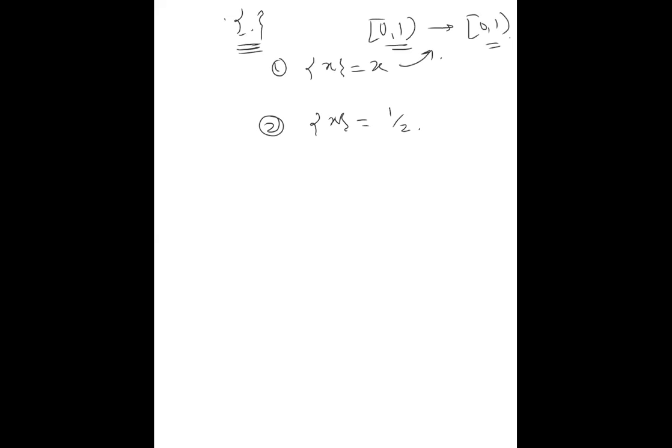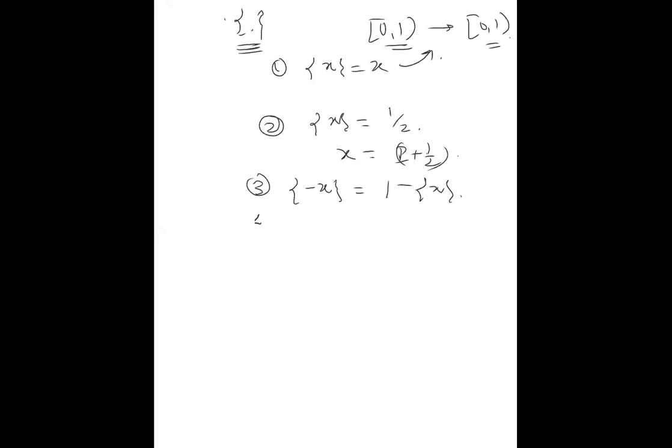Start with the fraction part. The property of the fraction part is that if x lies between 0 to 1, then the fraction part x is equal to x. Second, the fraction part x is like 1 by 2, so the value of x is I plus half, where I is an integer. Negative of the fraction part of minus x is equal to 1 minus the fraction part of x.